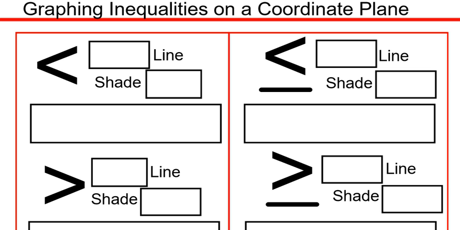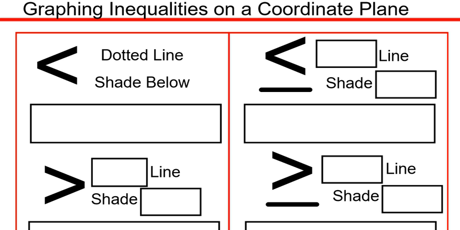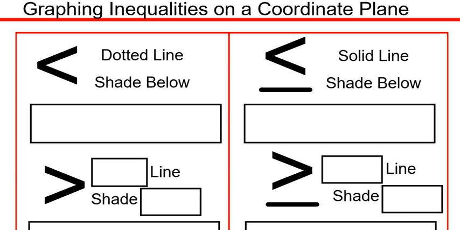Okay, so if I have a less than symbol, and make sure you're getting all of this information in your notes, I'm going to use a dotted line, and I'm going to shade below the line. Okay, so just go ahead and write this down. You'll know what it means in a few minutes. If I have a less than or equal to sign, I'm going to use a solid line, and I'm going to shade below the line as well.